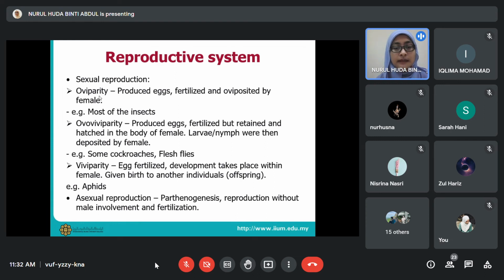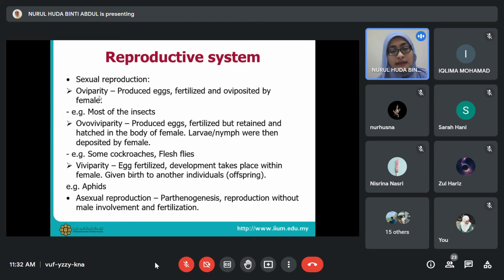Okay, and then some of the insect also, especially the smaller insect that feed on plant sap or sap-sucking insect, they appear to show a characteristic like asexual reproduction. Asexual meaning that it can produce the offspring without involvement of male.